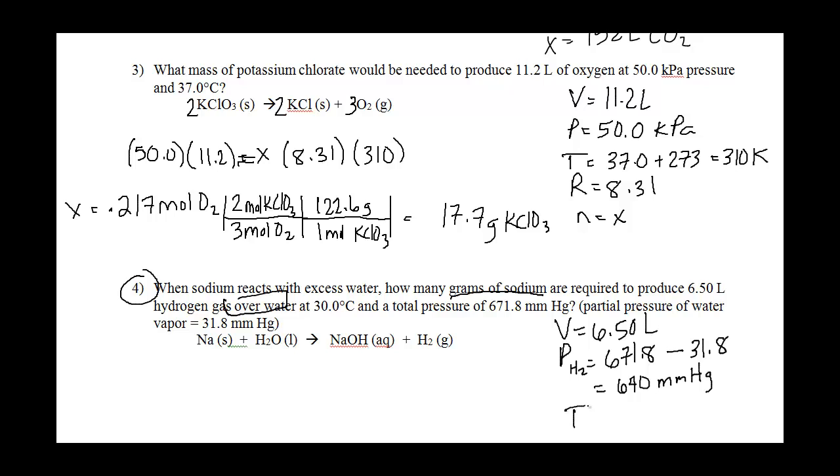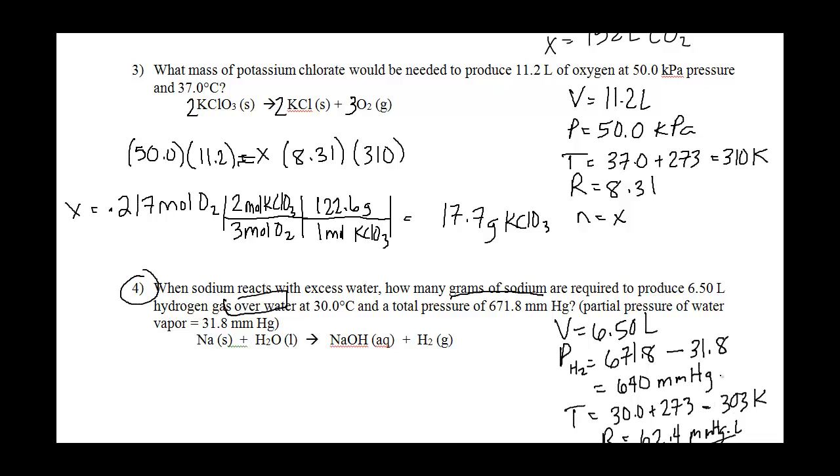Okay, what else do I know? I know a temperature. My temperature is 30 degrees plus 273, so 303 Kelvin. What else do I know? My R, because it's millimeters of mercury, I'm going to use 62.4, because that's millimeters of mercury, liters, mole, Kelvin.